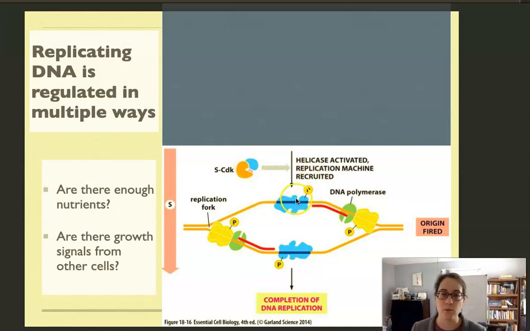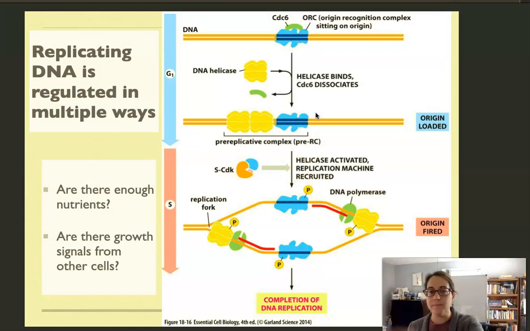It can add a phosphate group to this ORC complex after the CDC6 has been removed, and it also adds a phosphate to the helicase, activating both of these so that then the origin of replication is peeled apart so that the DNA strands are accessible, and then the helicase continues to separate the strands of DNA. And of course, again, this only occurs when the appropriate signals are present and we have the SCDK cyclin complex.